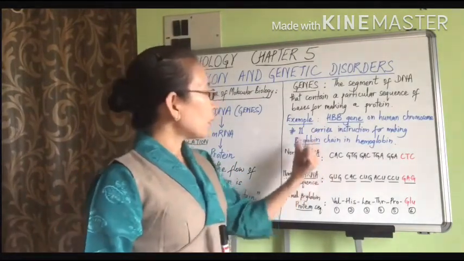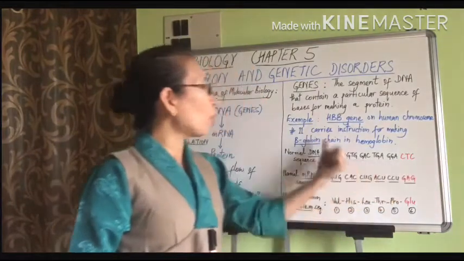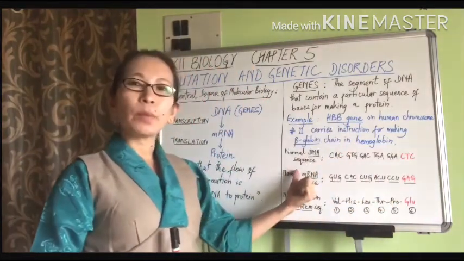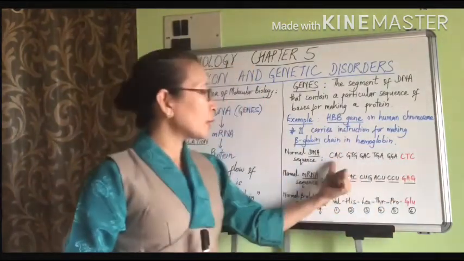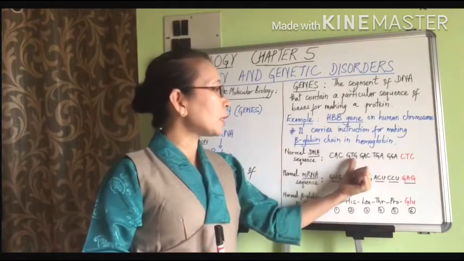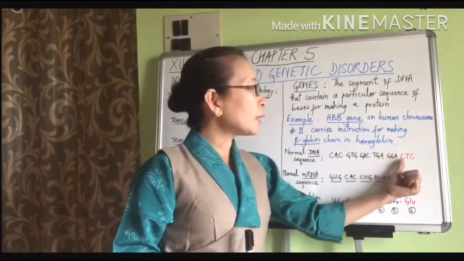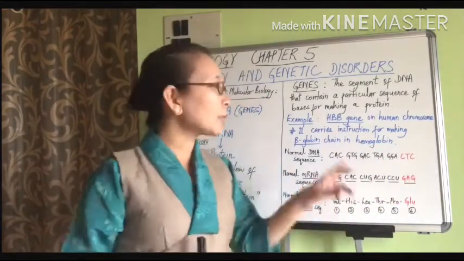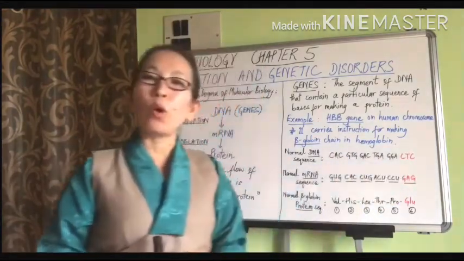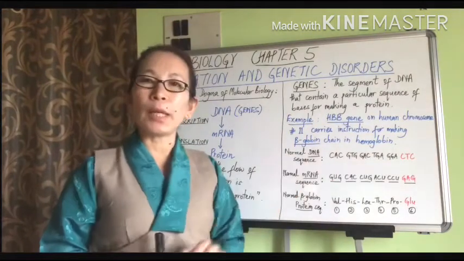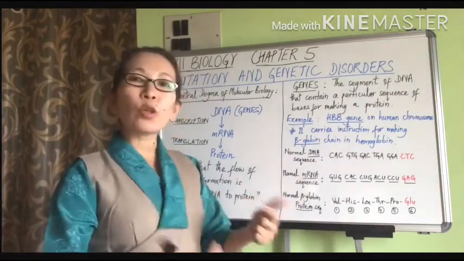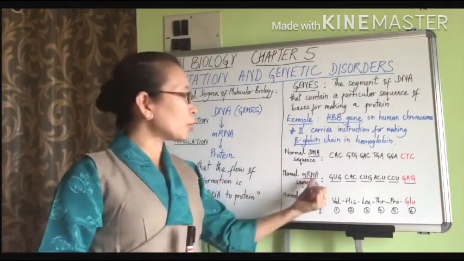This is the normal sequence of HBB DNA, where the sequence reads as CAC, GTG, GAC, TGA, GGA, CTC. So these are the 18 base pairs of a normal HBB DNA, which then gets copied, or transcribed, into an mRNA.